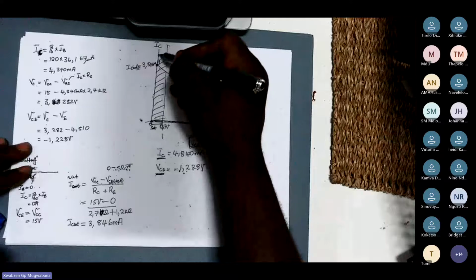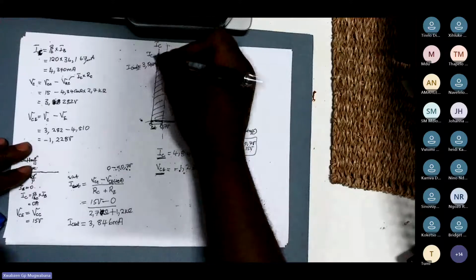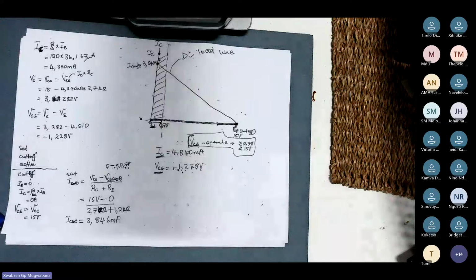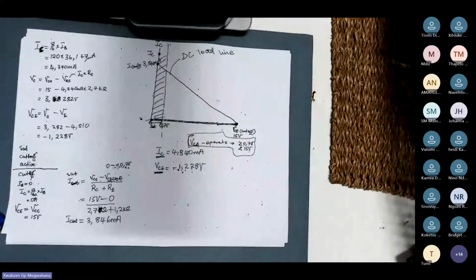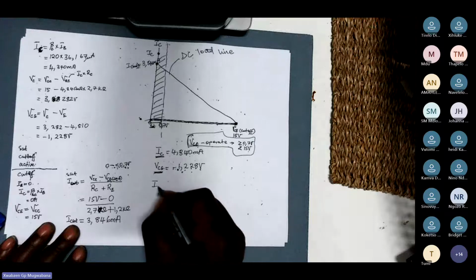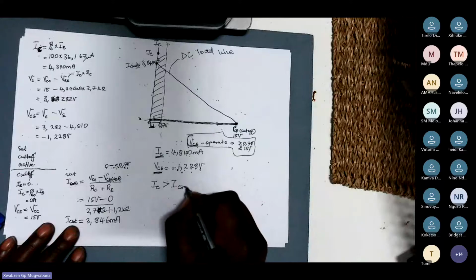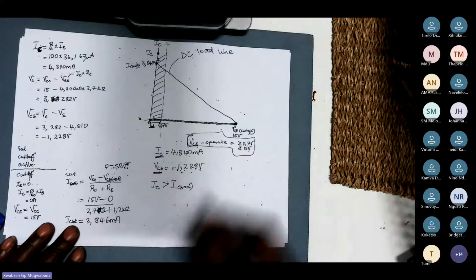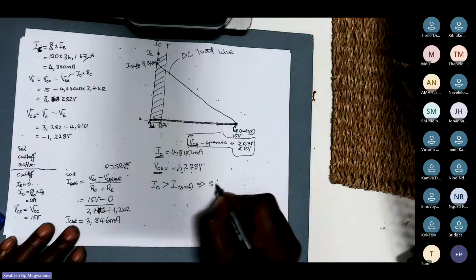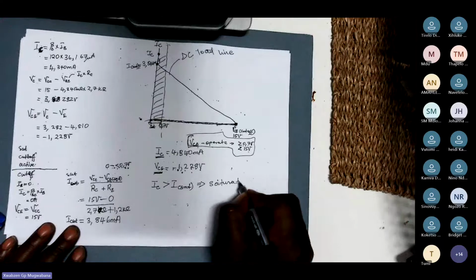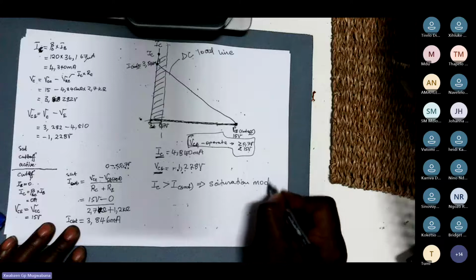So your transistor is staying within the saturation region, which means I can say if IC is greater than I saturation, then your transistor is at what we call saturation mode.